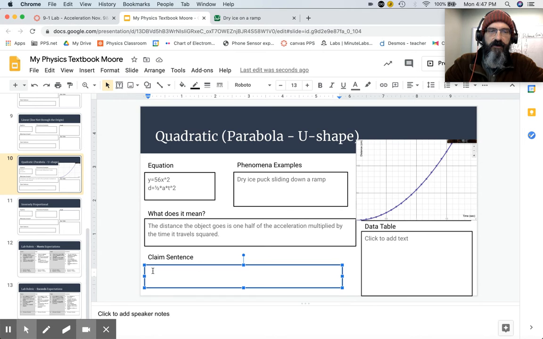So I'm going to refer to the relationship between time and distance, time being the independent variable, distance being the dependent variable.